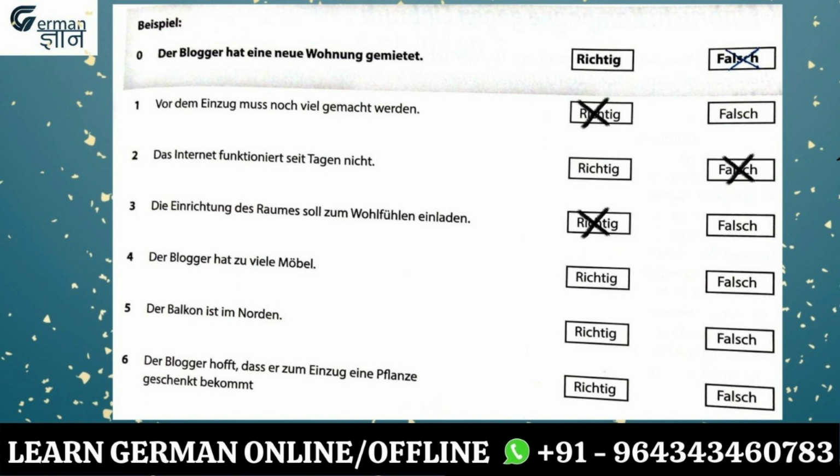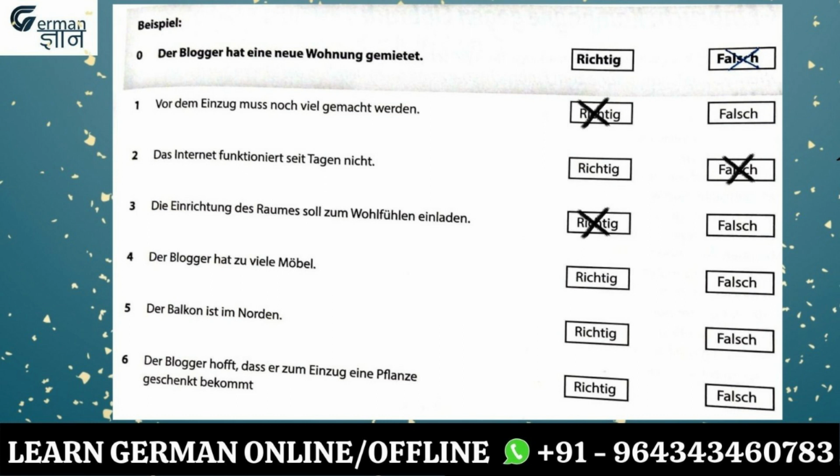Now read the second question, which is: Das Internet funktioniert seit Tagen nicht. Again, to find the answer to this question, go back to your text, and in the second paragraph you will get the answer. Now let's read the second line of your second paragraph, which is: Seit Tagen surfe ich im Internet und suche nach Tipps und Tricks für kleine Wohnräume.